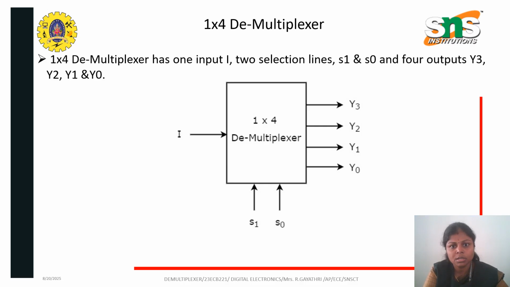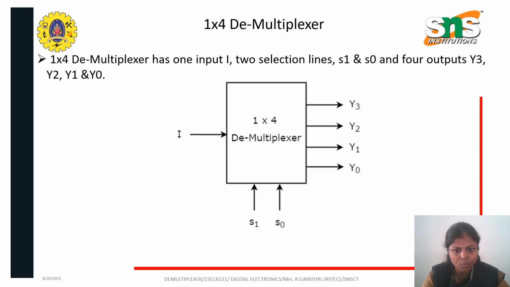Coming to the 1 cross 4 demultiplexer, the first 1 represents the input and 4 represents the outputs, so it has only one input line, two selection lines S0 and S1, and four output lines Y0, Y1, Y2 and Y3. This is the block diagram of the 1 cross 4 demultiplexer.